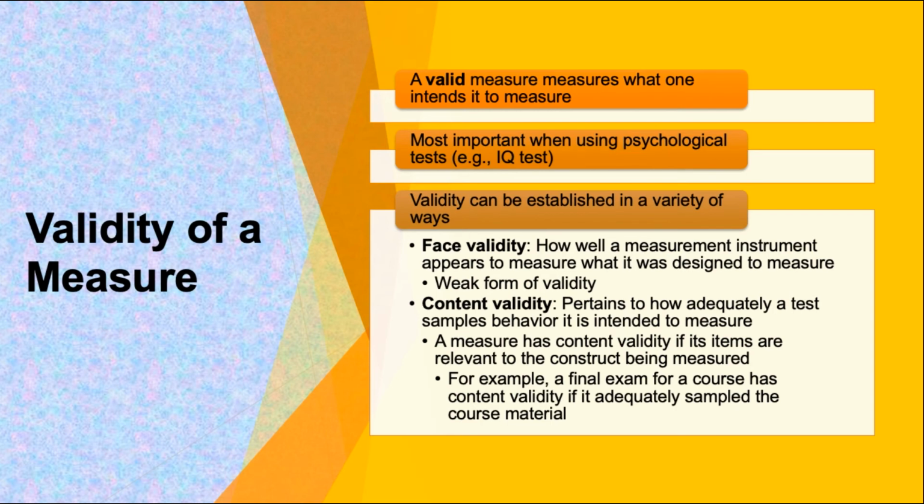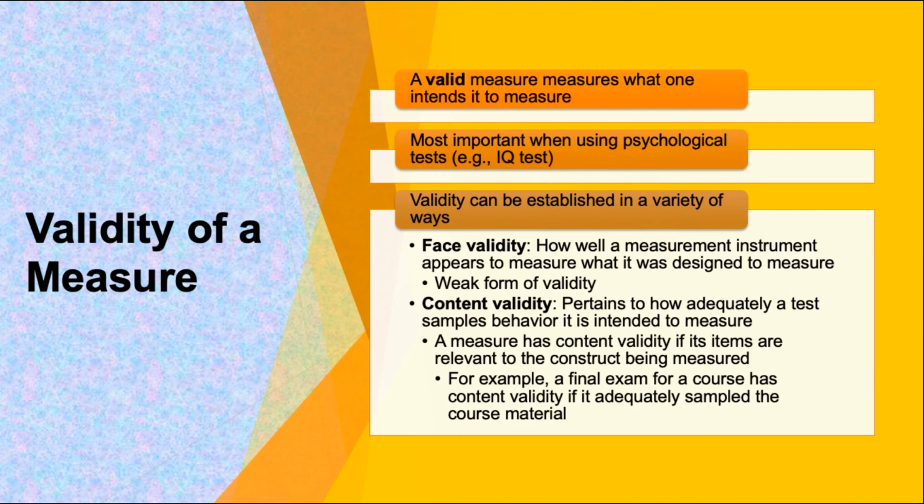Then we have content validity, which has to do with how adequately the content of the test samples the knowledge, skills, or behavior that the test is intended to measure. For example, a final exam for a course would have content validity if it adequately sampled the materials taught in the course.